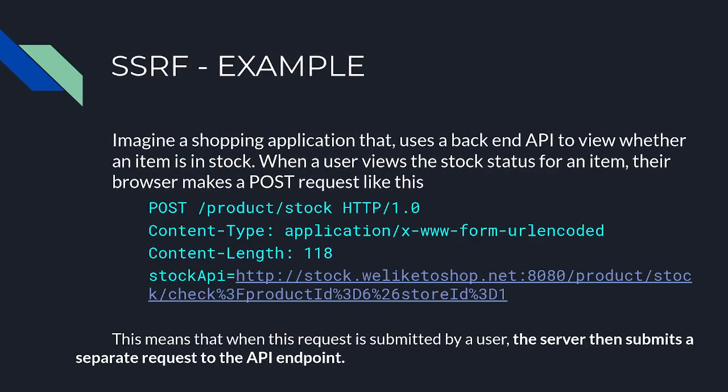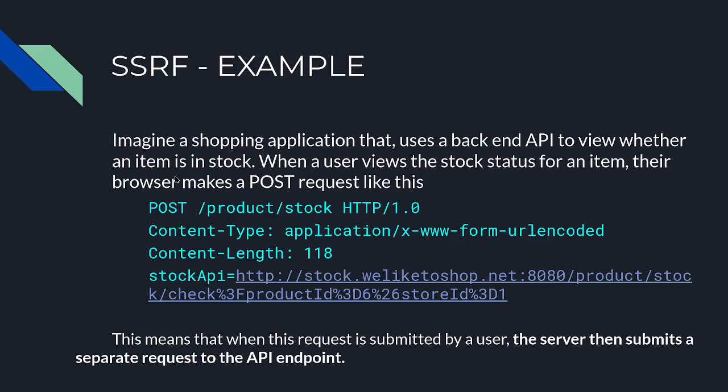So, let's look at this example. Imagine a shopping application that uses a backend API to check whether an item is in stock. This is the server that all users will be visiting, that is, the shopping application.